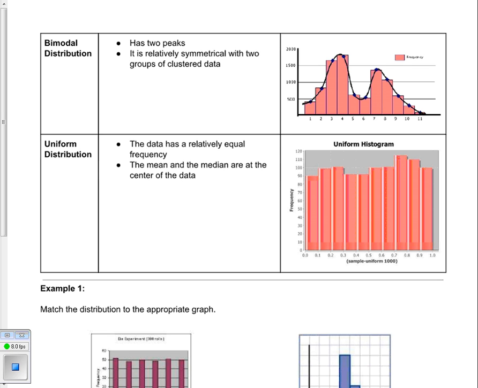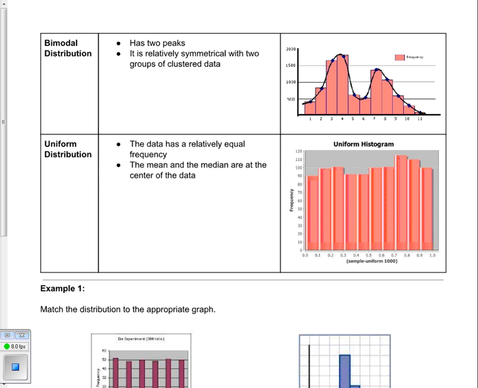And then the last one that we'll talk about is what we call a uniform distribution. That's where all of the data across the range is relatively even in value. They're very, very close. The mean and the median are at the center of the data. They're right in the middle. But again, what you have is a very even and very consistent set of data.